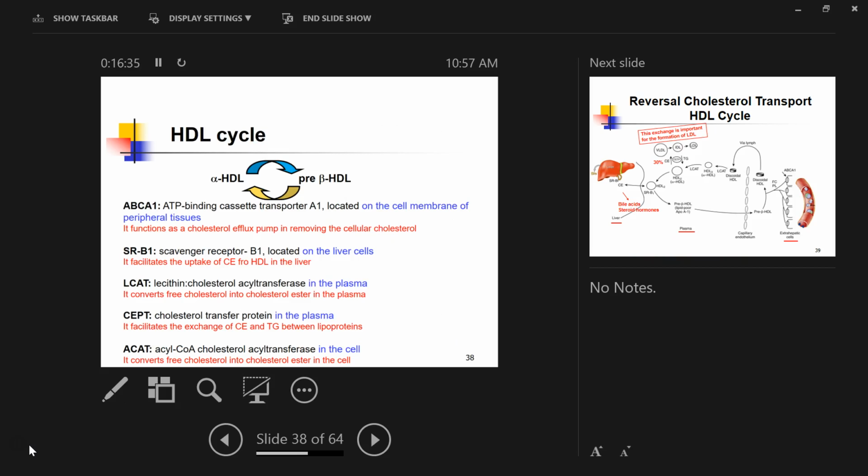Here are a couple of enzymes and proteins that are very important in regulating this reverse cholesterol transport process. First one is ABCA1. ABCA1 is ATP binding cassette transporter A1. This is a protein located on the cell membrane of peripheral tissue.